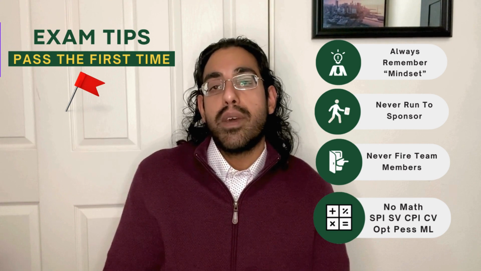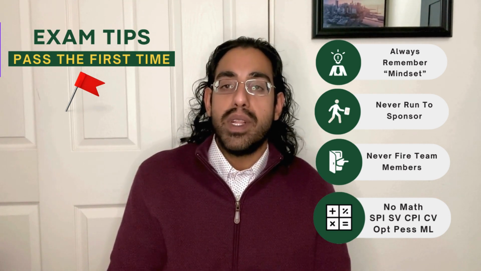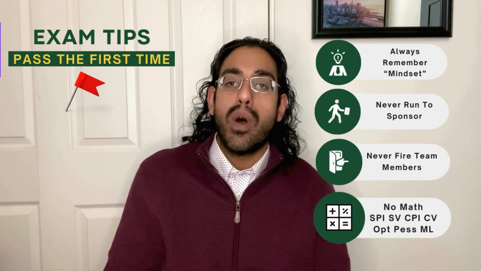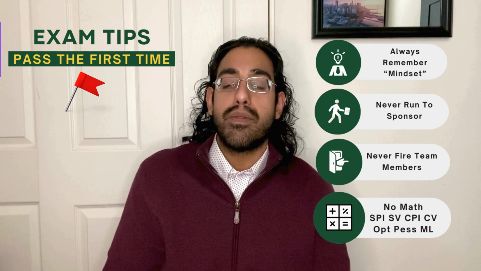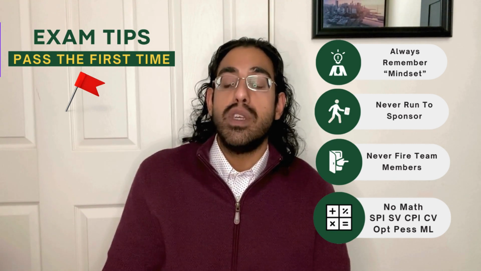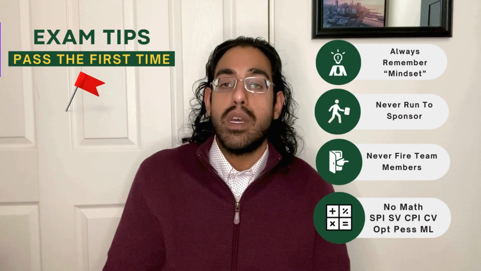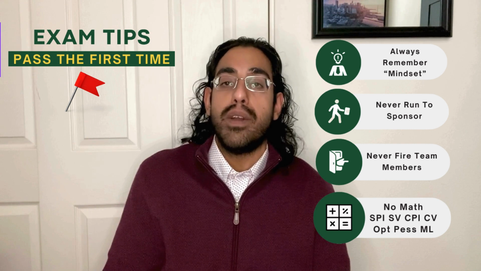And then the fourth thing here, guys, is that there is no math. There's no math on the test. Barely. The only math I had on my exam prep content and the exam itself was you want to know your schedule performance index. You want to know your schedule variance. You want to know your cost performance index. And you want to know your cost variance.